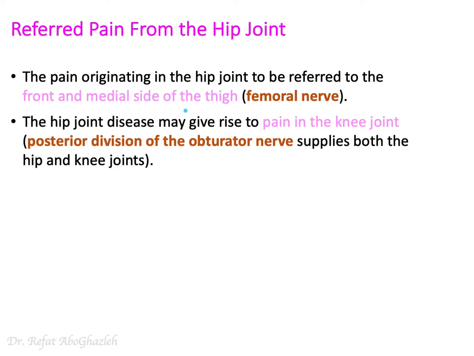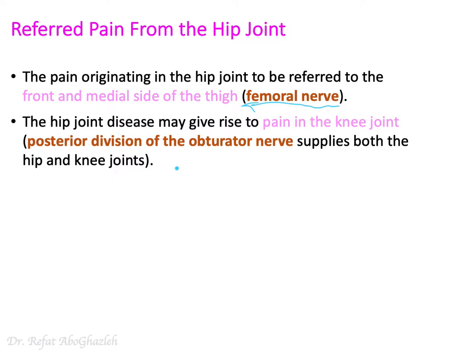At first, you will feel the pain in the front and medial side of your thigh. This is because the femoral nerve innervates there. Also, if there is pain for one reason or another in the hip joint, the pain can be felt in the knee joint because of the presence of the obturator nerve that supplies both of the joints.